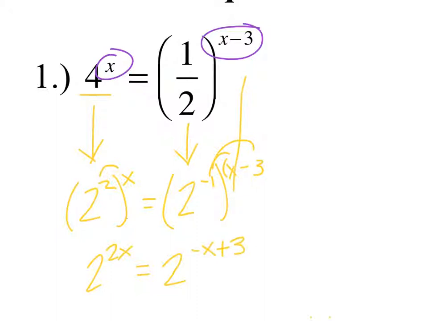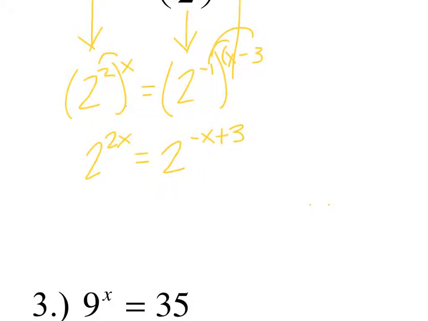Now that your bases are equal, we can cancel the 2's out, and you're left with 2x equals negative x plus 3.